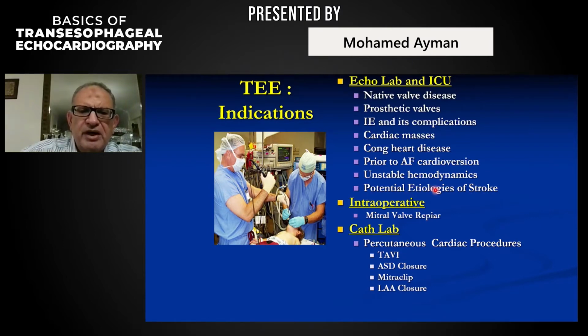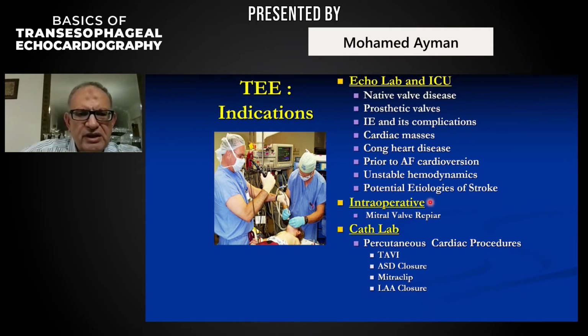Some parts of the heart, which are potential sources of cerebral embolization, might not be quite evident with transthoracic echo. You can use the TEE to check for a possible source of systemic embolization.